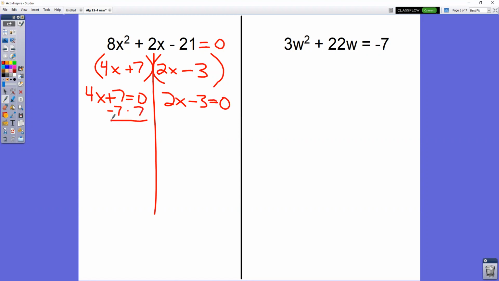Minus 7 minus 7. So 4x equals negative 7. Divide by 4. Again, you could leave this as a fraction, negative 7/4, or we could write it as a decimal, negative 1.75.